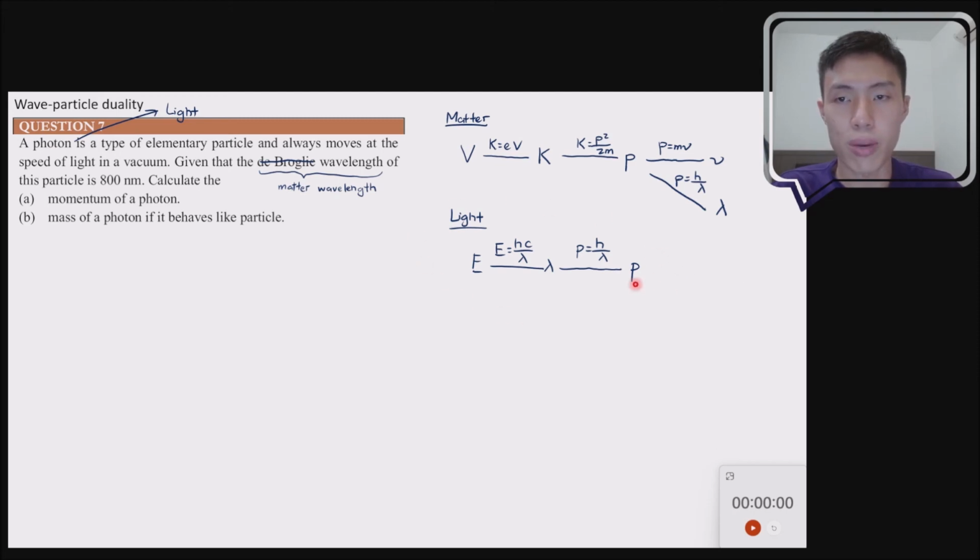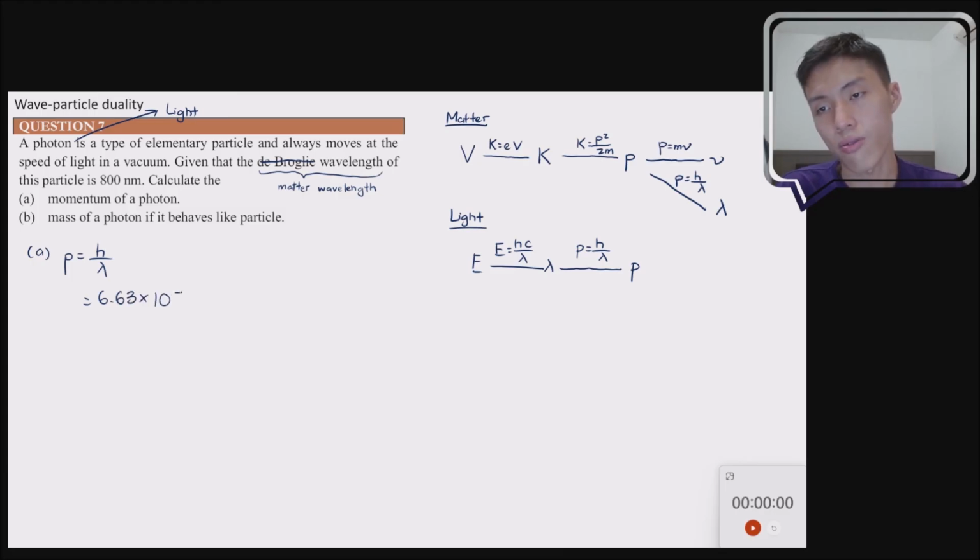So light, a photon is a light, so we are going to refer to this mind map. They ask for the momentum, so momentum P equals h over lambda. Rather straightforward. h is the Planck constant, you can refer to it in your constant sheet, 6.63 times 10 to the power negative 34. The wavelength given to us is 800 nanometers, so 800 times 10 to the power negative 9.